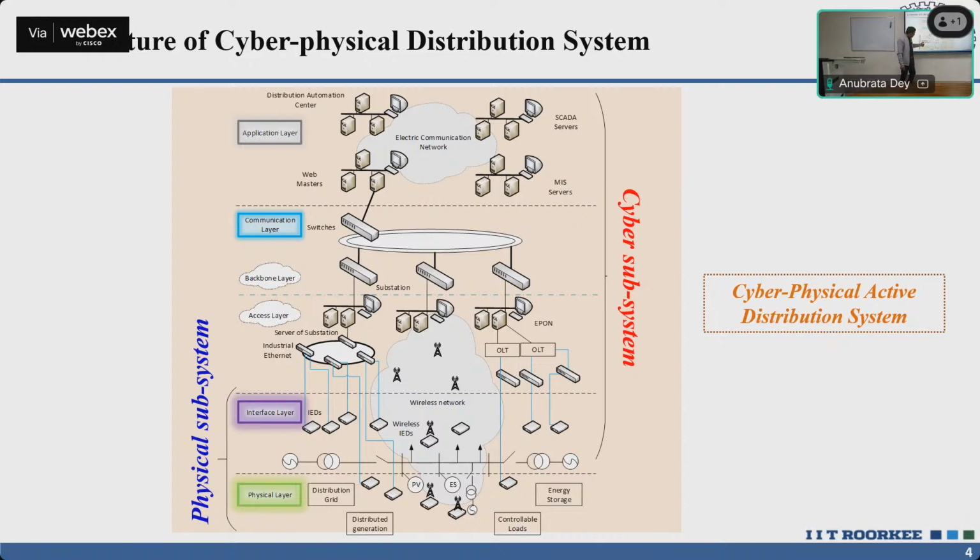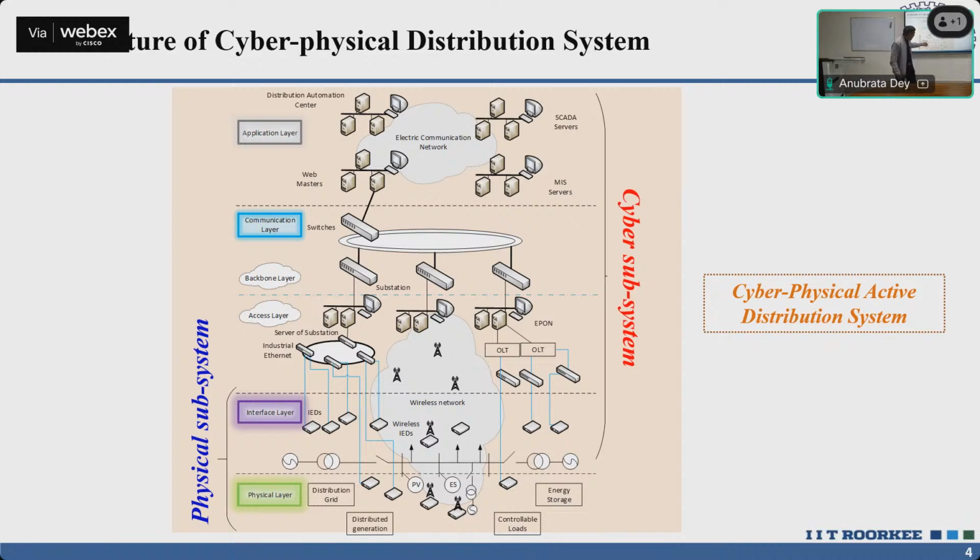After that layer, the next layer comes, that is the interface layer. Interface layer is the layer where your IED comes into the picture, and it is going to establish the connection between that IED itself and the smart devices which you have placed in the physical layer.